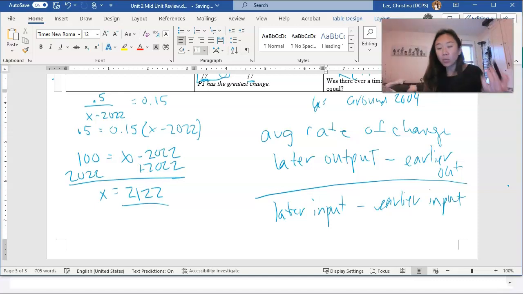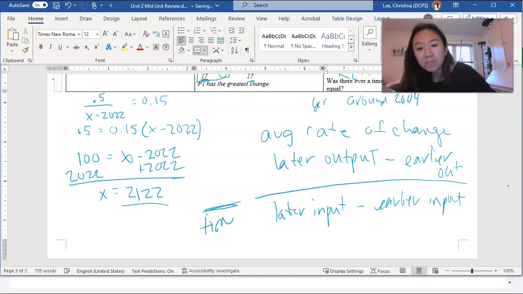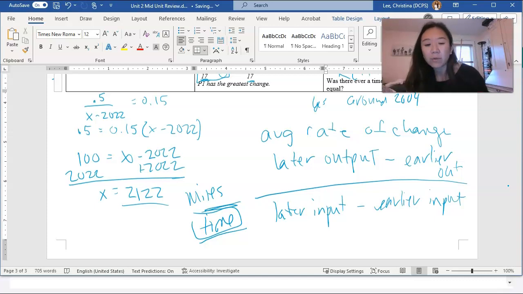And if you can't remember which goes where, remember that almost always we are looking at functions of time. So miles per hour, or words per minute. And so usually your time is going in the denominator because it's per that time, right? So for example, miles per hour, okay?